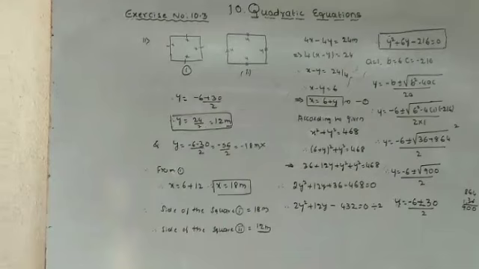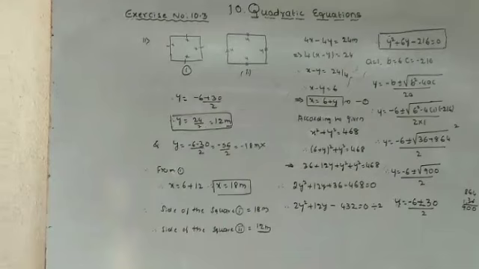Therefore, y square plus y square, 2y square plus 12y plus 36 minus 468 is equal to 0. So 2y square plus 12y minus 432 is equal to 0. Divide by 2.